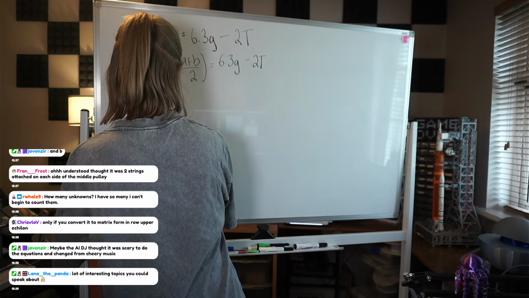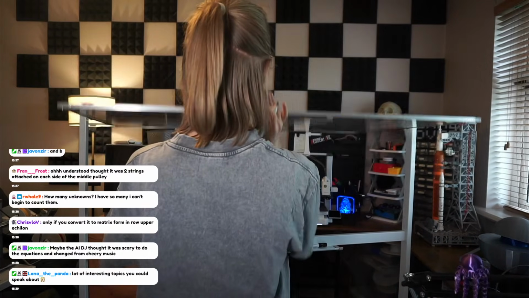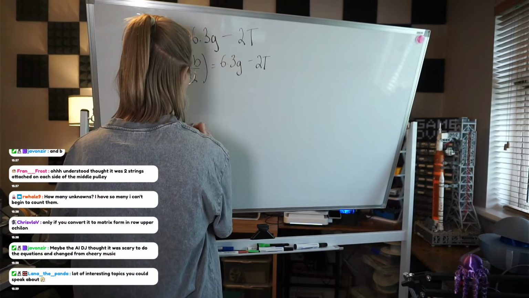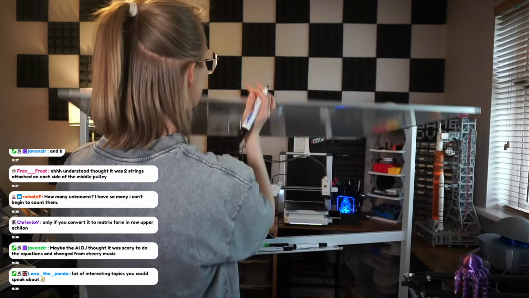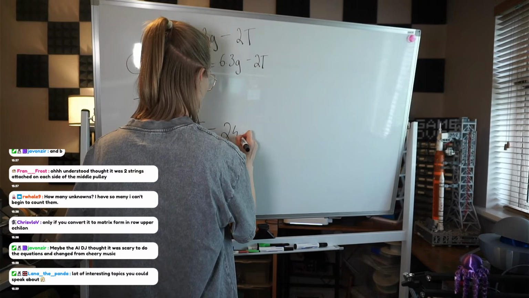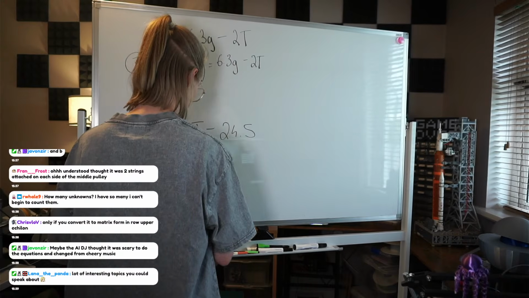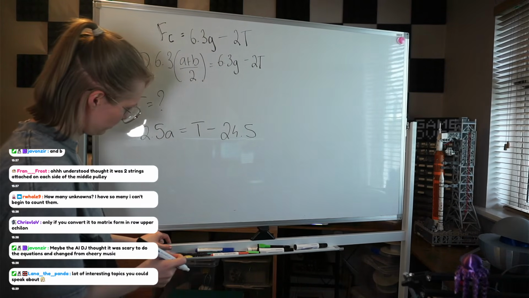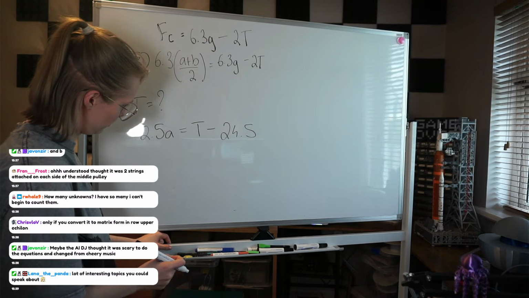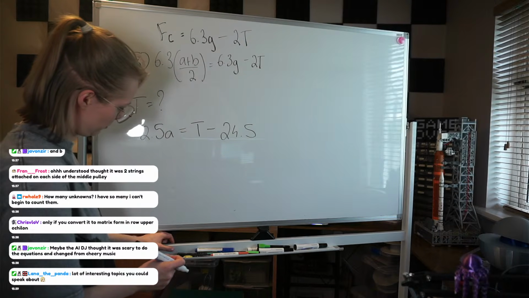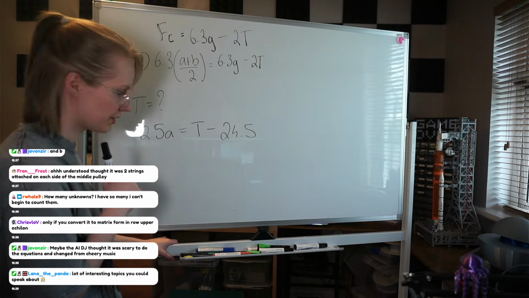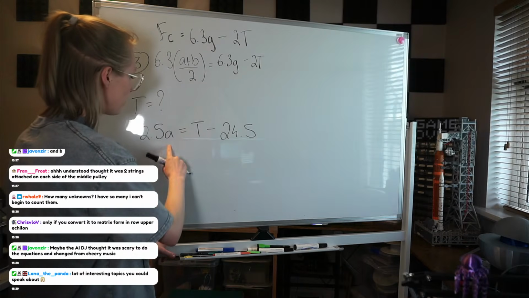2.5a is equal to T minus 24.5. I'm just thinking about what I did. Yeah, okay. So let's rearrange the equation.